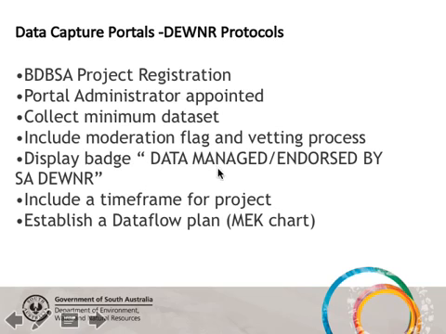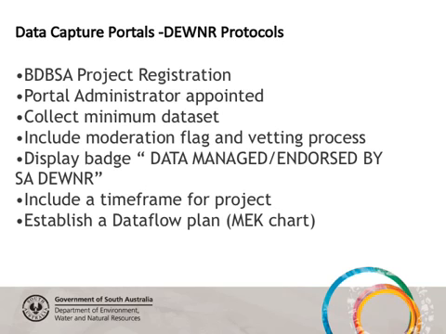Have a badge up front that lets people know the data is managed and endorsed by SA Junior, or even that it's feeding into BDBSA, just something reassuring people and reminding yourself where you're going to put it. Set a time frame for your project. These things don't have to sit around forever, lost on the web.